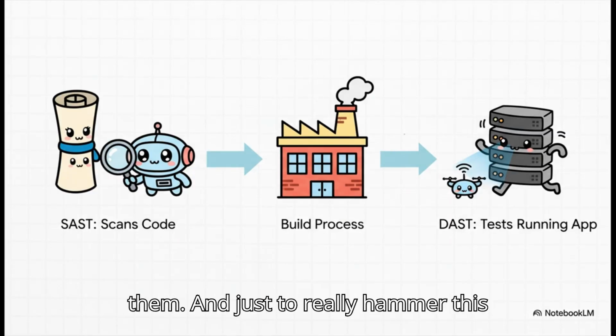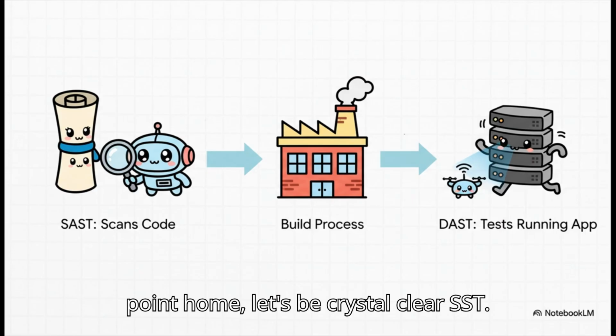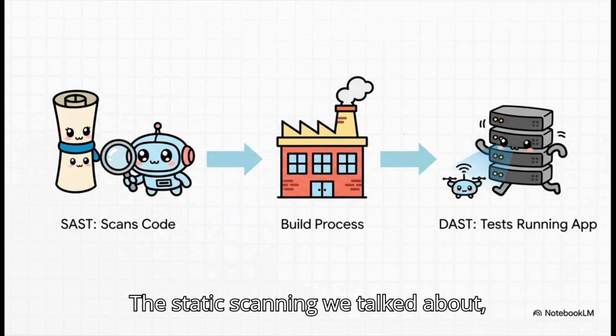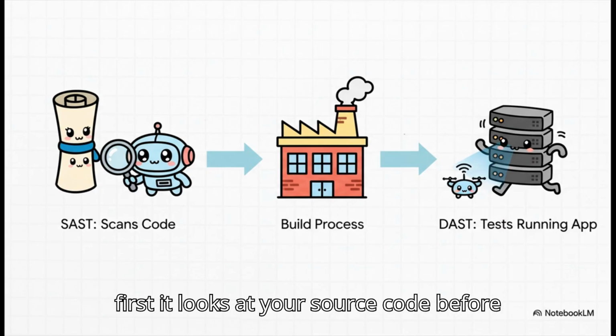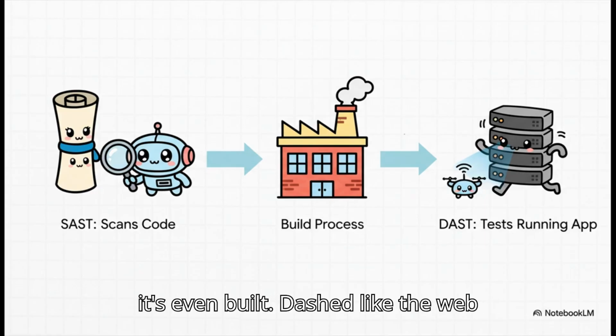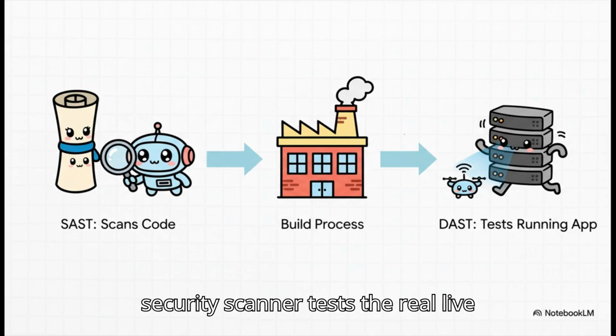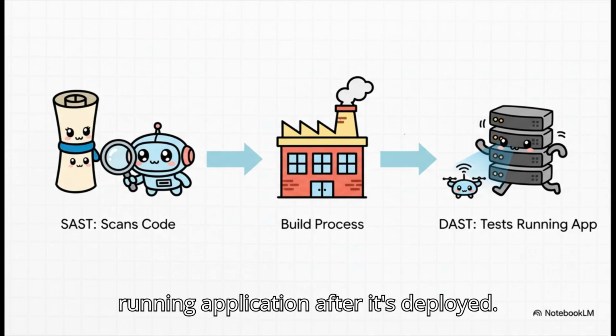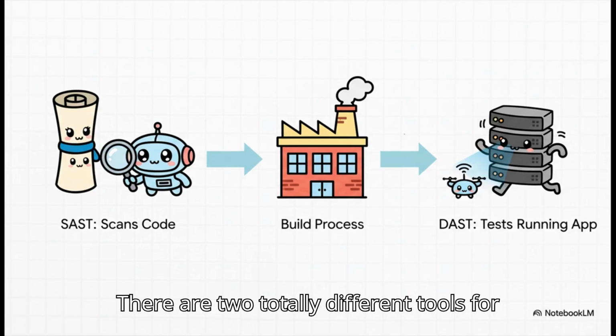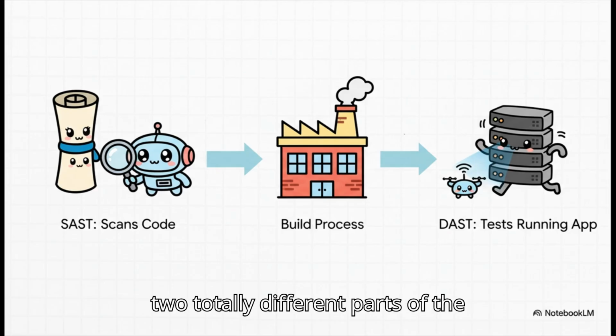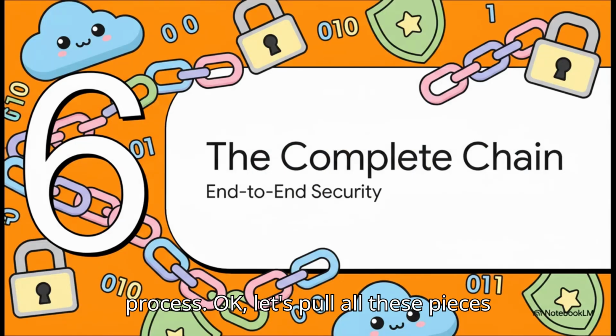And just to really hammer this point home, let's be crystal clear. SAST, the static scanning we talked about first, looks at your source code before it's even built. DAST, like the Web Security Scanner, tests the real, live, running application after it's deployed. They're two totally different tools for two totally different parts of the process. Okay, let's pull all these pieces together. See, none of these tools is a silver bullet on its own.